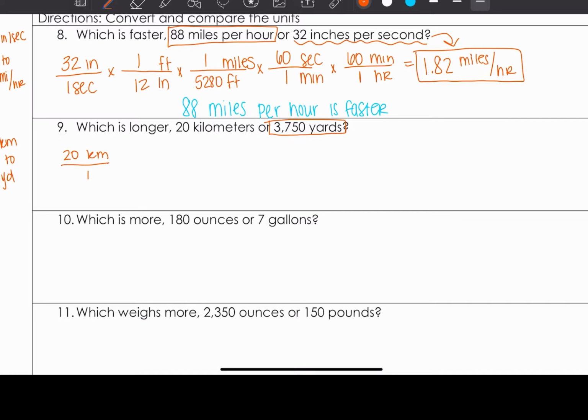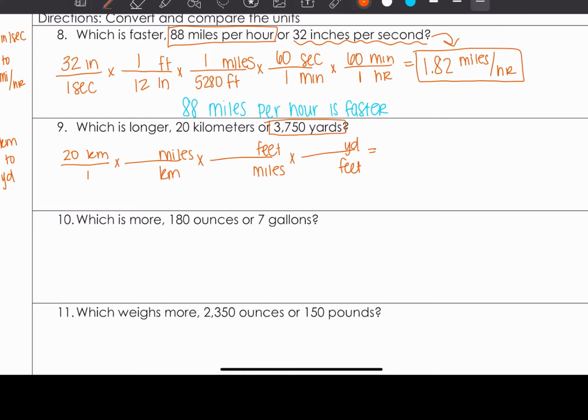It's just kilometers. We're going to change our kilometers into miles, and then we're going to change our miles into feet, and then feet into yards.